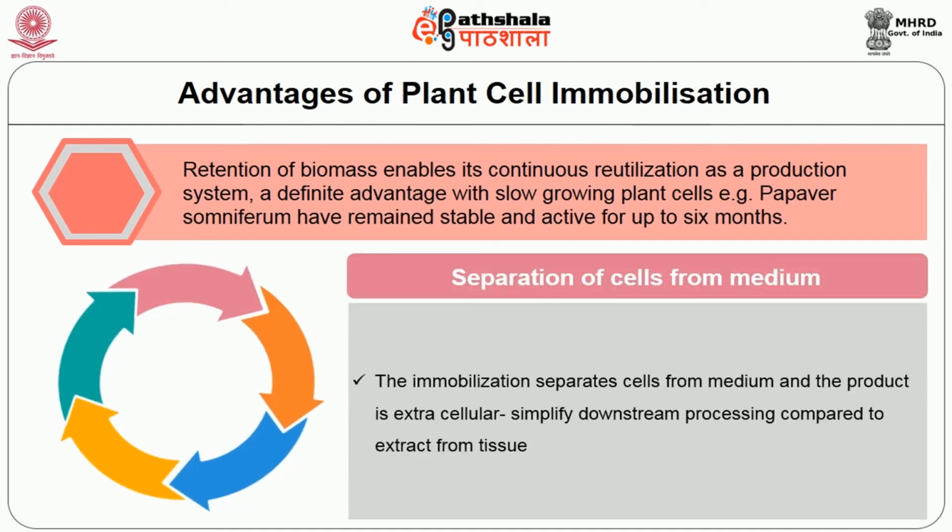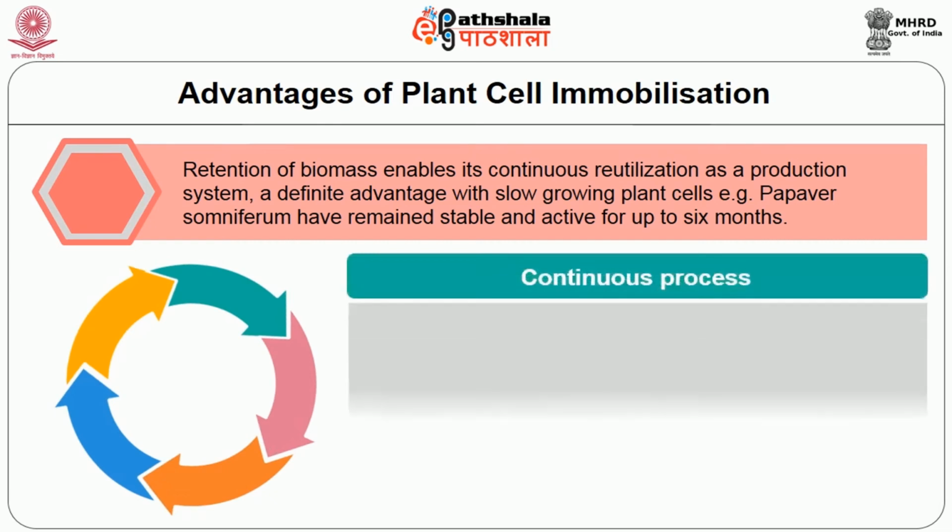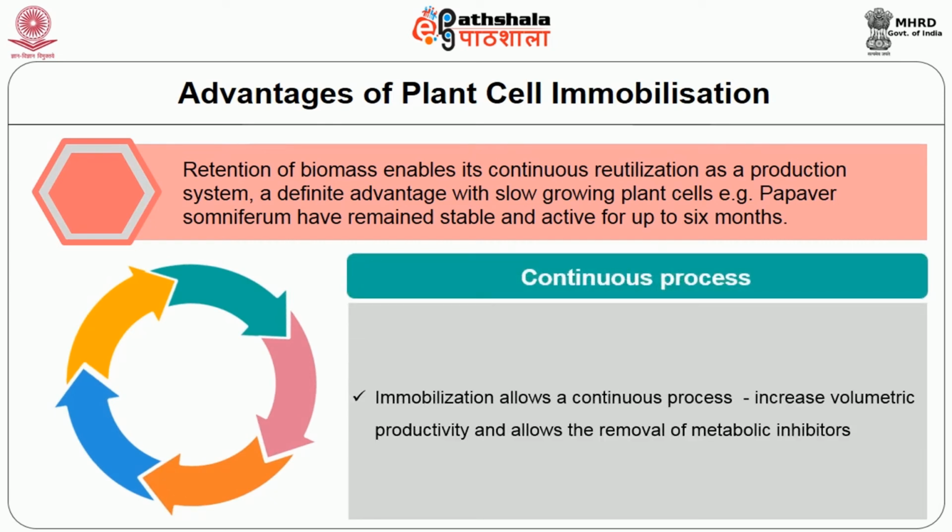The immobilization separates cells from the medium and the product is extracellular, which will simplify downstream processing compared to extraction from tissue. Immobilization allows a continuous process which increases volumetric productivity and allows the removal of metabolic inhibitors.